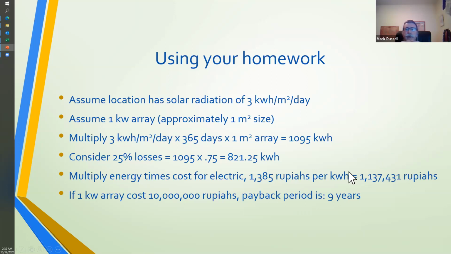What did you guys find for your calculations? What levels of solar radiation were you seeing? Hello, sir. For this homework, I calculated the potential PV for my house, but not the energy time cost for electric.